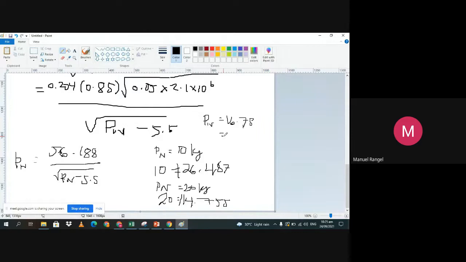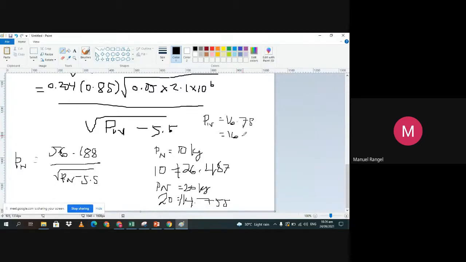So can we check: 56.188 divided by the square root of 16.75 minus 5.5 gives 16.75.